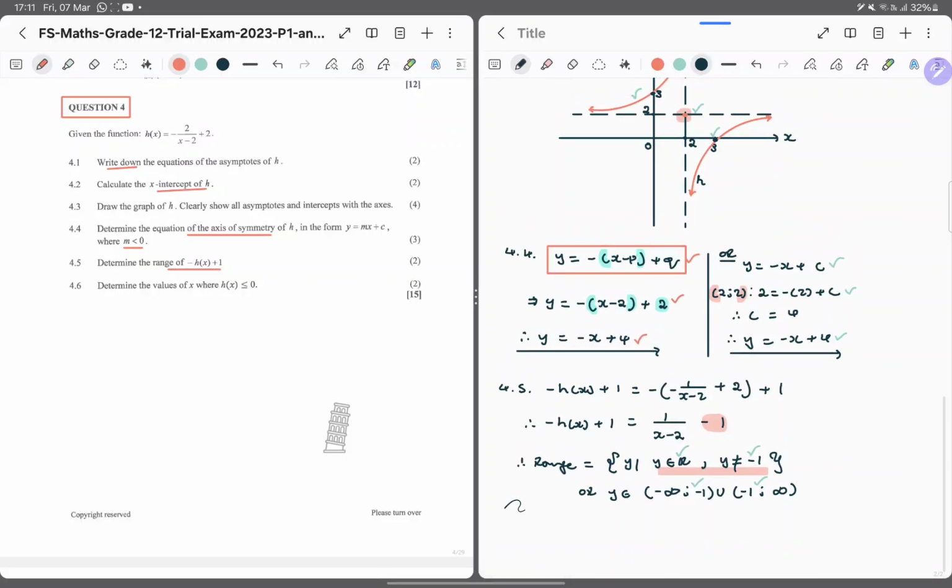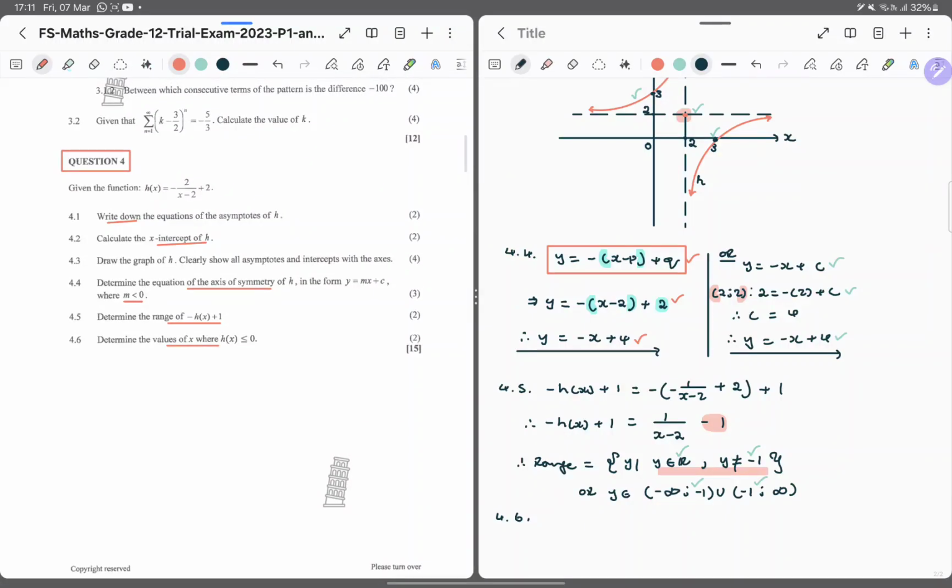Now the last question. So 4.6 says determine the values of x where h of x is less than 0. Now obviously, guys, it means when is this graph negative?